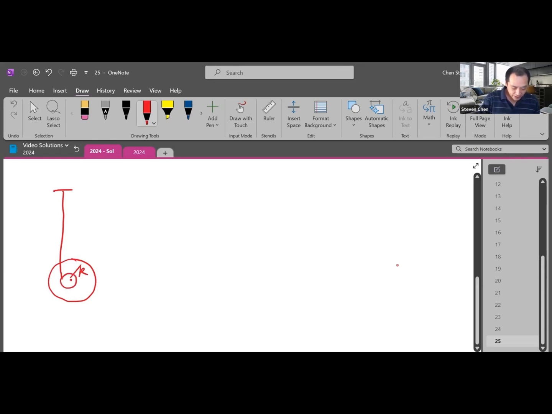So its radius keeps on shrinking, say it becomes smaller. And finally, once the entire string is fully unfolded, small r becomes 0, right? So the problem asks us to analyze the acceleration of the yo-yo, how it evolves over time.